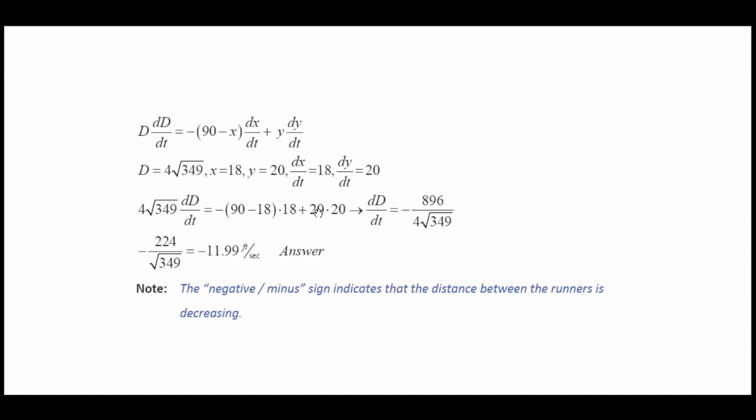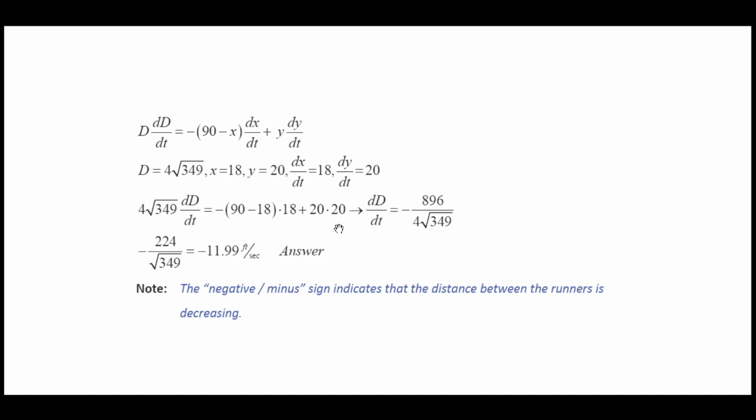So we substitute in this value for D, and we substitute 18 for x, 18 for dx/dt, 20 for y, and 20 for dy/dt.